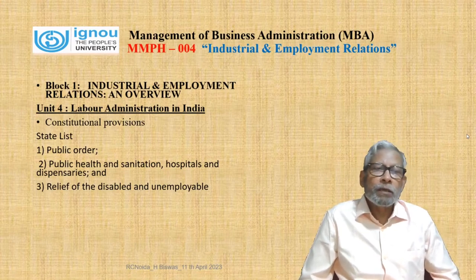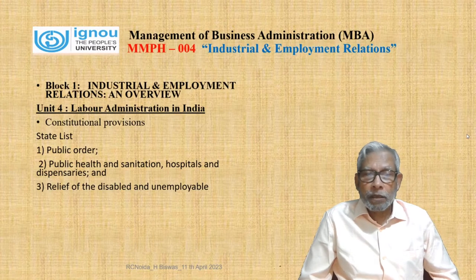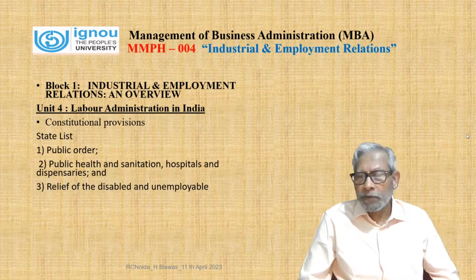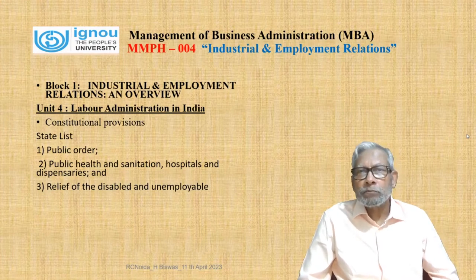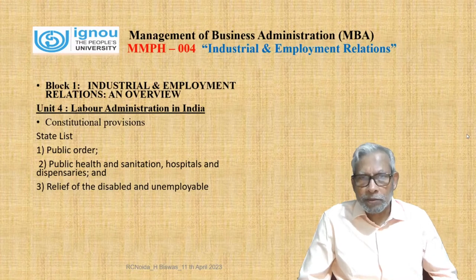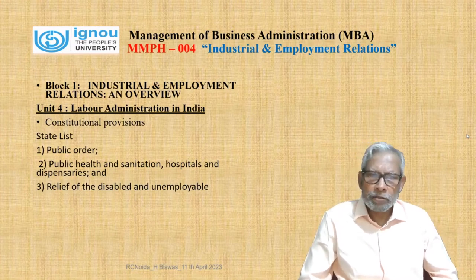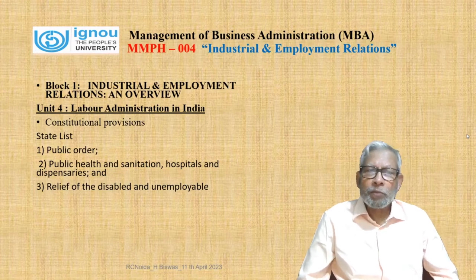Relief of the disabled and unemployable. What type of relief should be given, if any, for rehabilitation at that time, maybe some 10 days salary or 20 days salary or something in terms of food or benefit. So that has to be given to the unemployable. Suppose there is no employment.